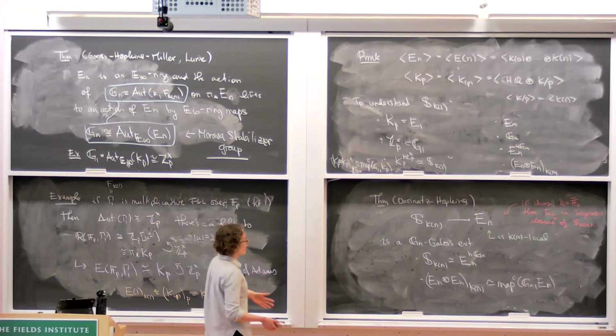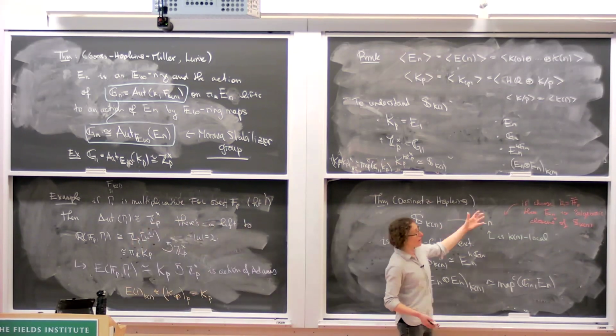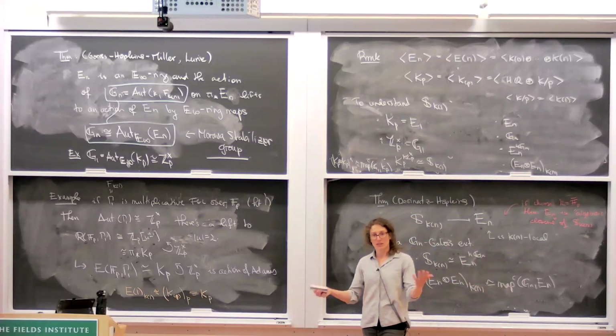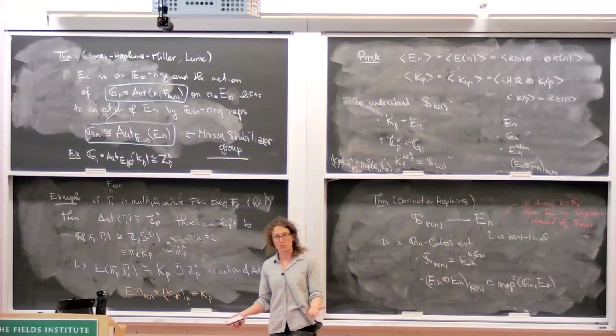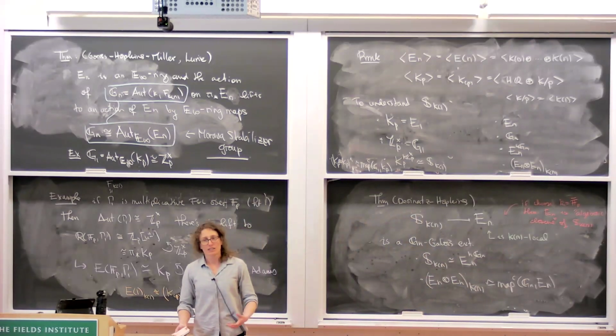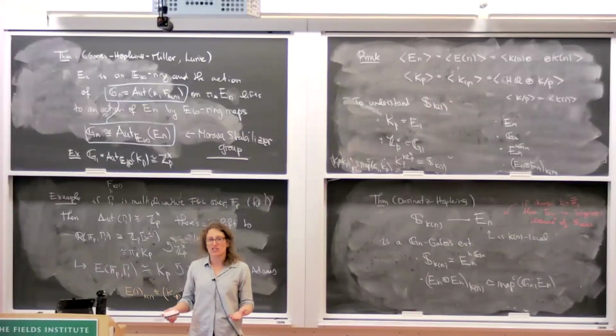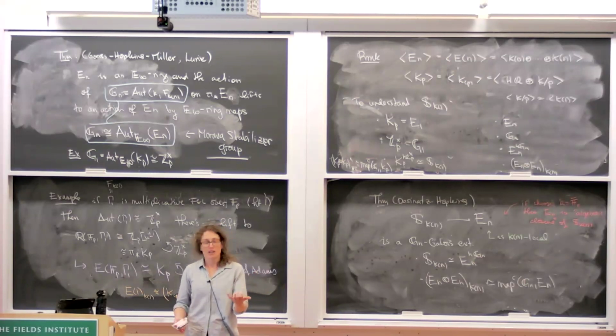However, the difference is now you get EN from the deformation theory of formal groups. GN, the Adams operation, what is this? It's its generalization. It's the automorphisms of a formal group of height n, okay?